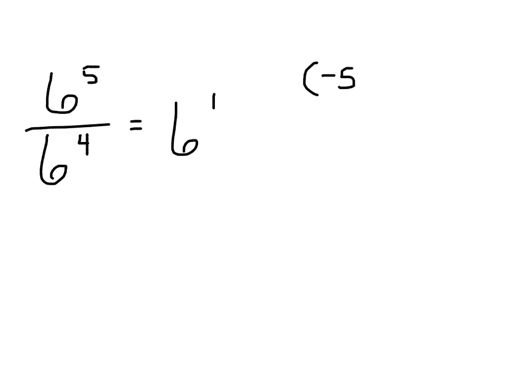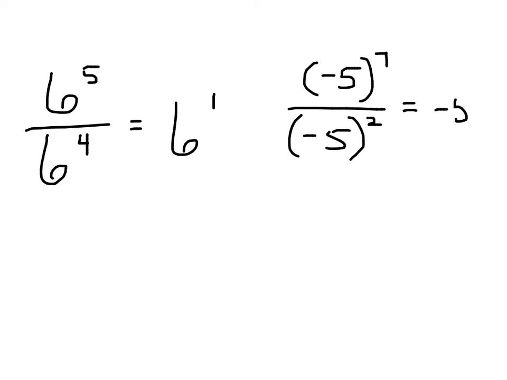Same with this one. I got negative 5 to the seventh over negative 5 squared. What would my answer be? What do I do with the exponents? Subtract. What would I get? Negative 5 to the fifth power.